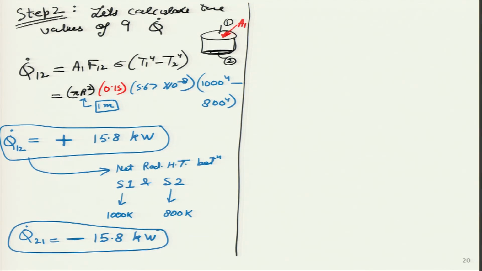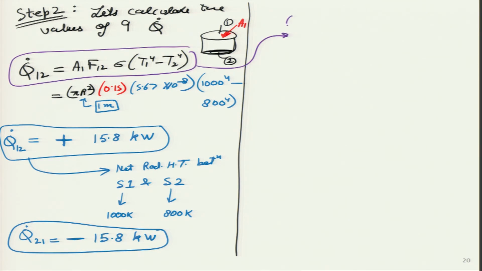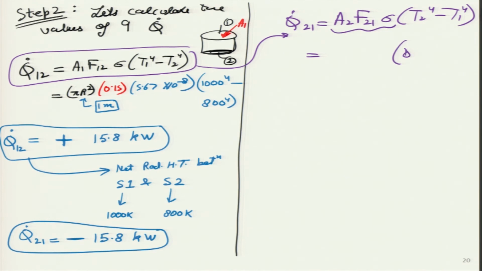And somebody can challenge me that how do I know it is minus? Then I will say, okay, I am not writing it directly, I am using this expression over here. So, Q dot 21 I will write in full, it is A2 F21 sigma (T2 to the power 4 minus T1 to the power 4). Everything else will remain same, it is just that it has become now 800 to the power 4 minus 1000 to the power 4, which means whatever expression we will get, it has to be a minus sign.